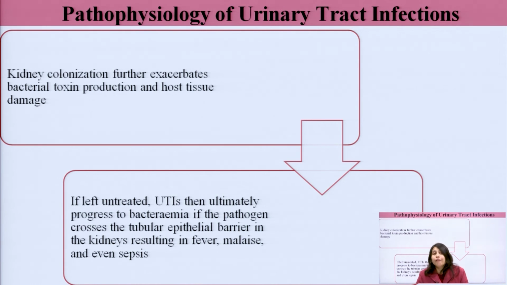Now, if this urinary tract infection that started from the urethra, the lower urinary tract, has already reached the kidneys, the upper portion of the urinary tract, and it still remains untreated or improperly treated, then it progresses to bacteremia. Bacteremia means it will enter the blood circulation.